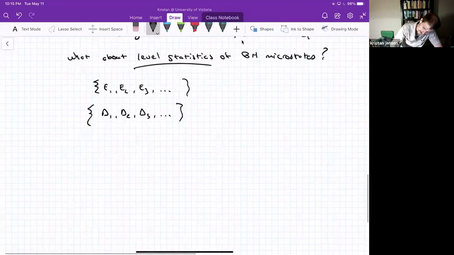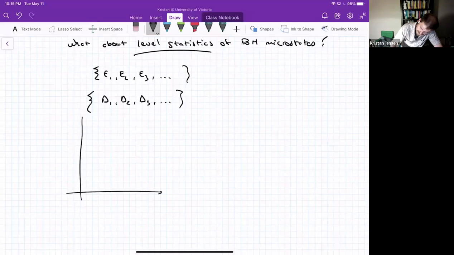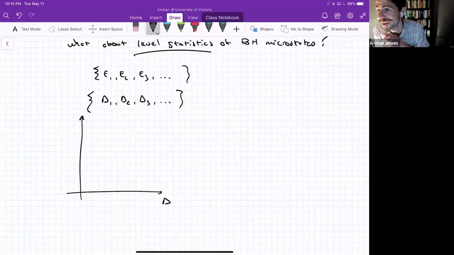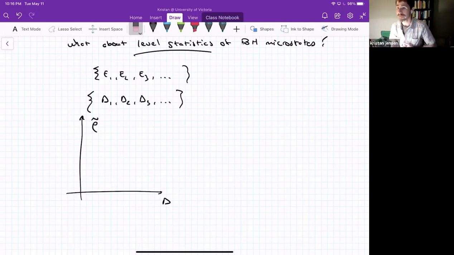So for instance, if you take those differences, and you coarse grain a little bit, you bin them, you get some new distribution of nearest neighbor energy level differences. Let's call that distribution rho tilde. Well, for a generic chaotic Hamiltonian, this nearest neighbor distribution has a universal scaling near 0 level spacing.